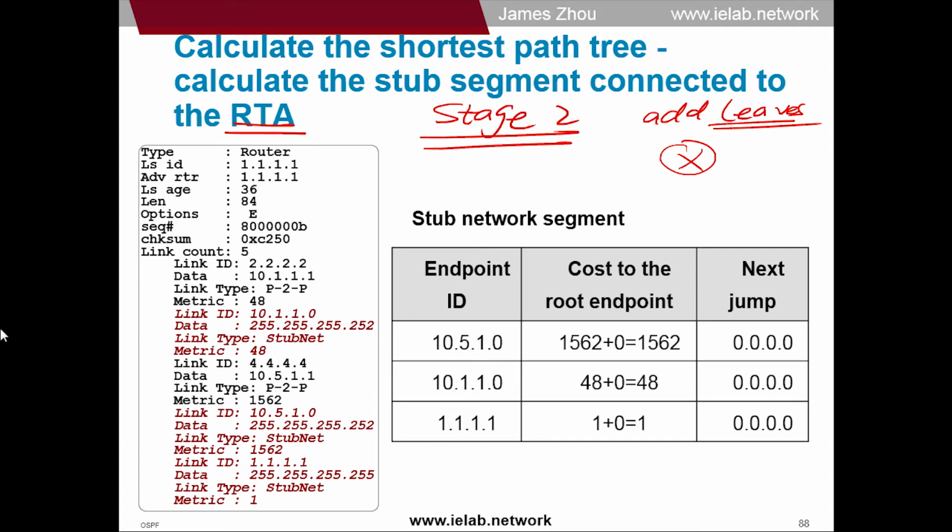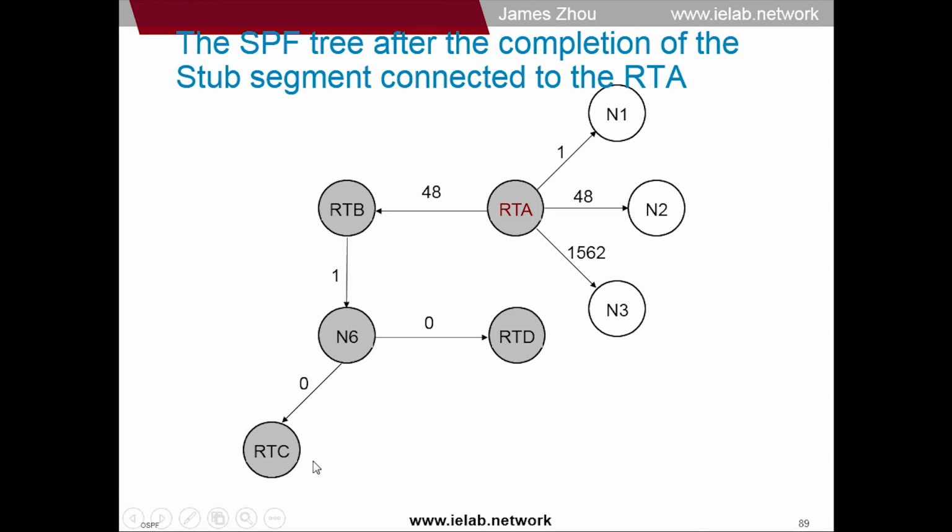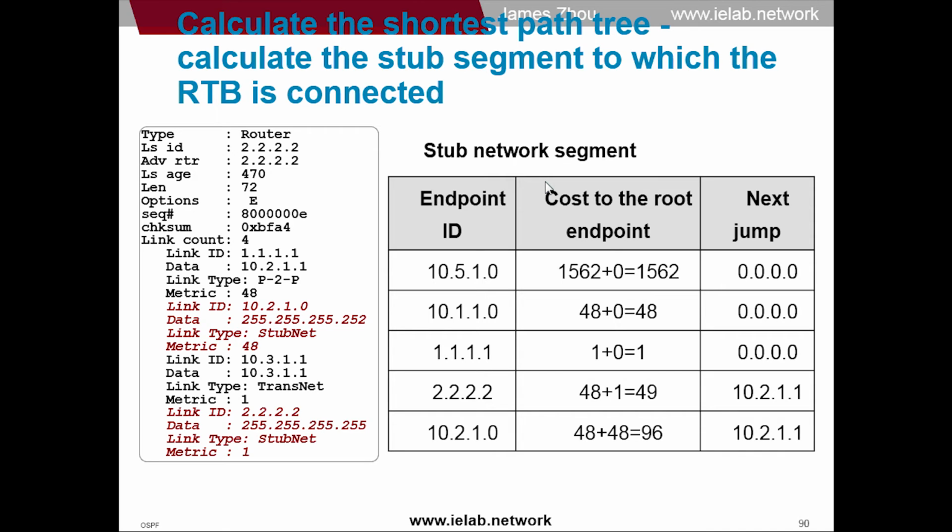We have 3 stub area segments, 10.1.1, /30, /30, /32 is a host route. So add 3 leaves onto RTA. Check RTB's LSA.